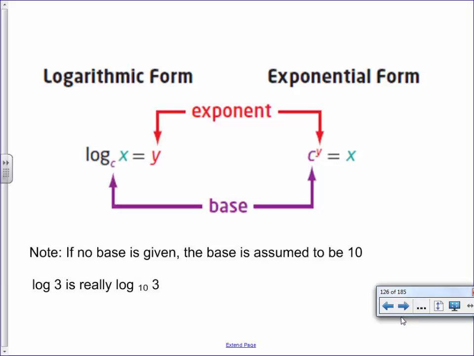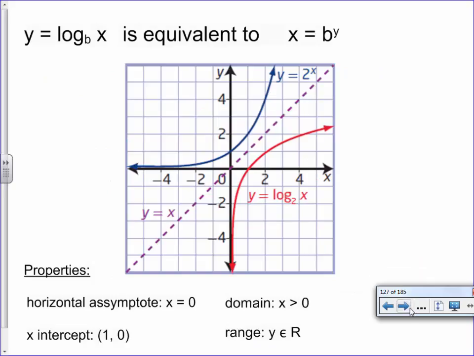Here's the slide of what I was just talking about. Being able to convert between a log and an exponent is a nifty trick. Another slide, just recapping what I've already recapped.